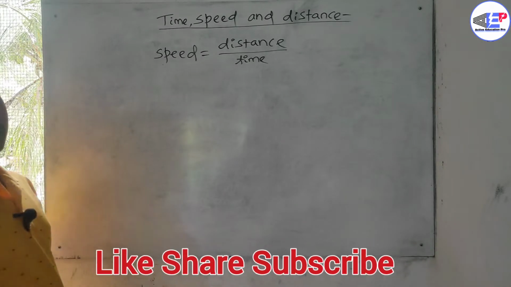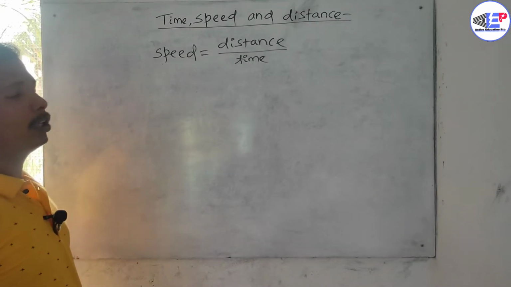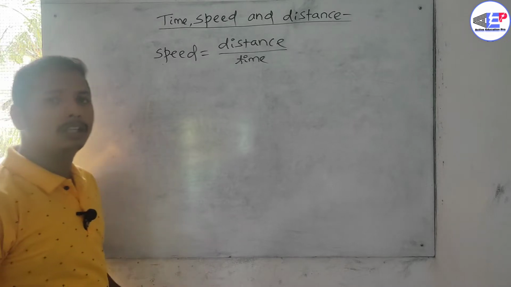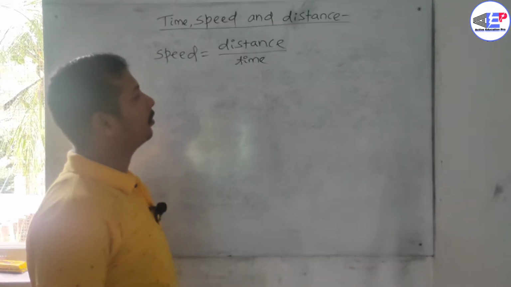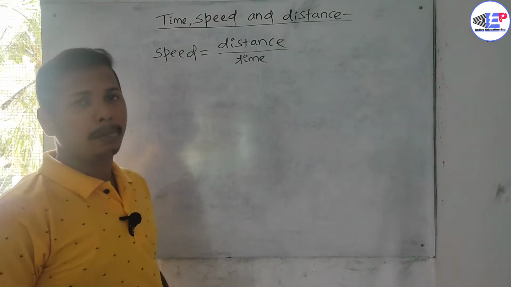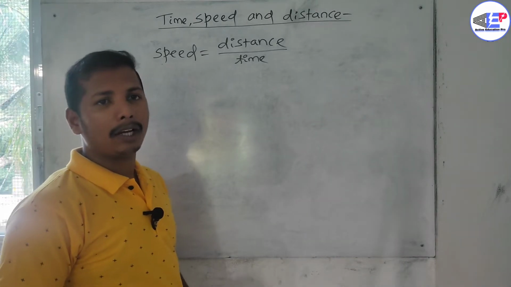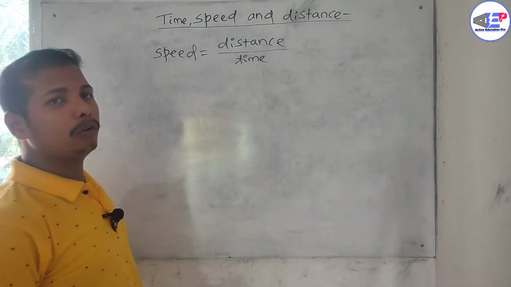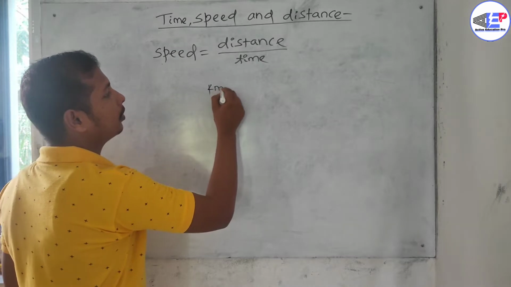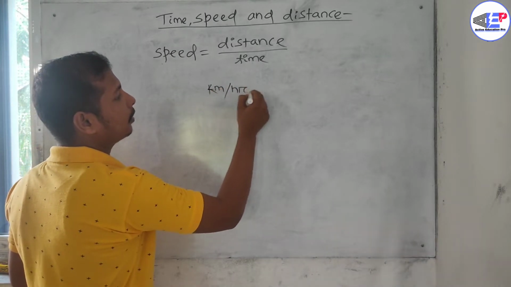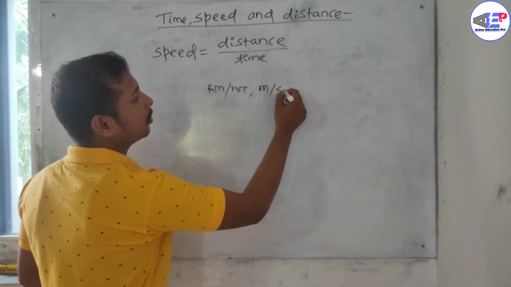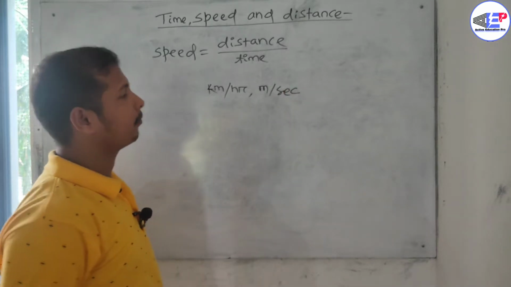We know that the unit of distance can be meter, kilometer, centimeter, and the unit of time can be second, minute and hour. So the unit of speed will be kilometer per hour, meter per second.